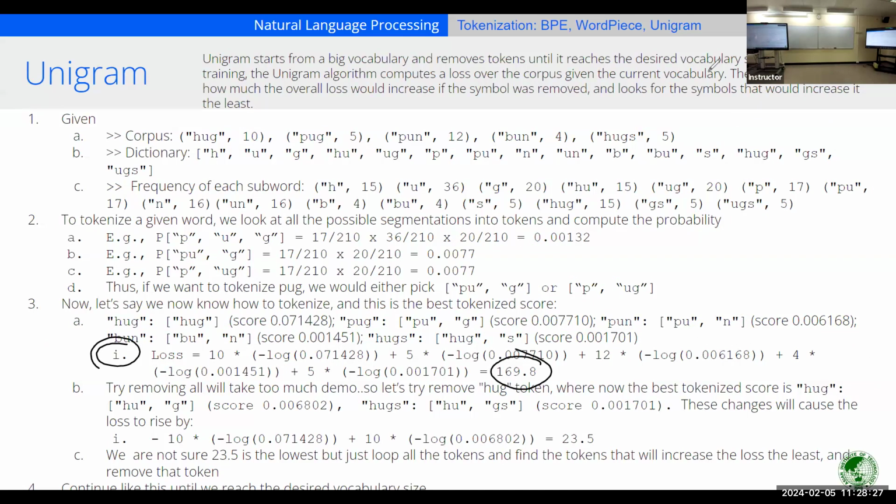Which token should we remove? So currently we have these tokens. So now we have to think a little bit about which ones we want to delete so that we get the loss that is increased the least, right?